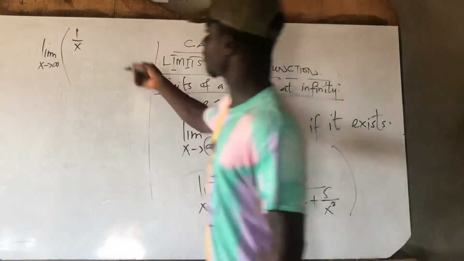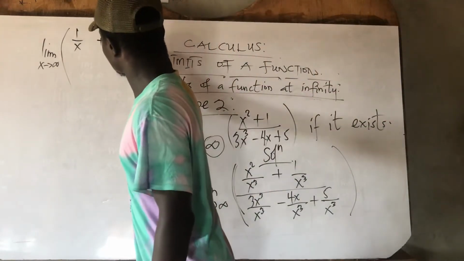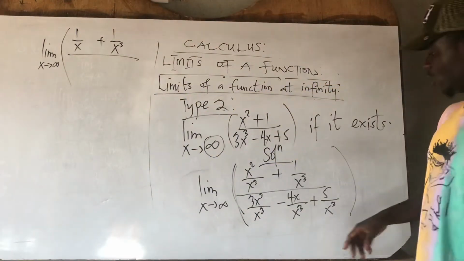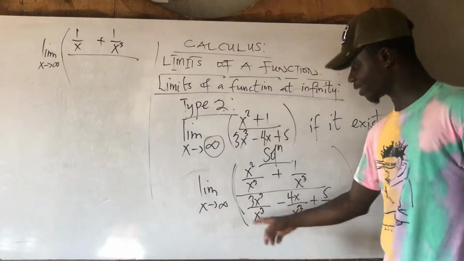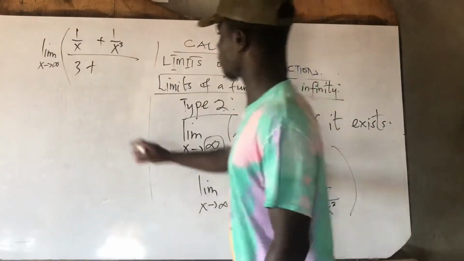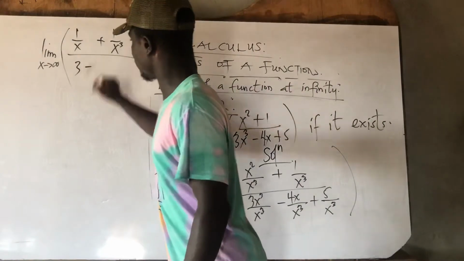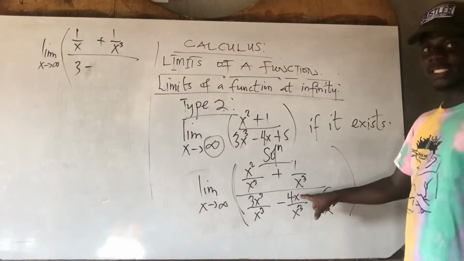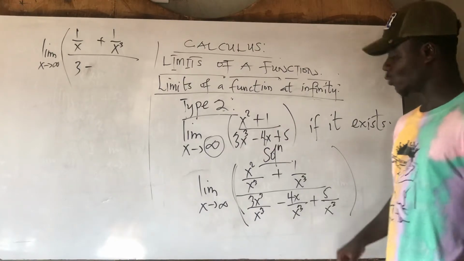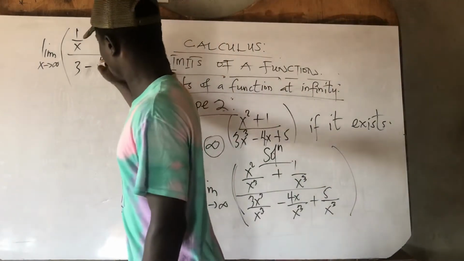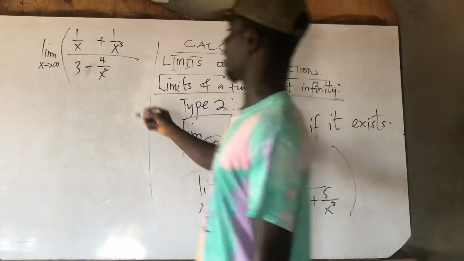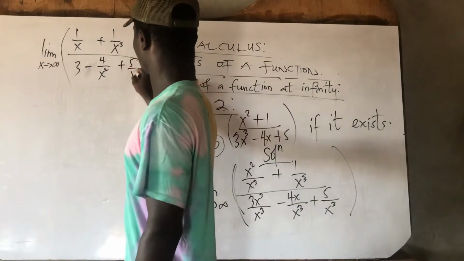Then plus 1 over x cubed, all over, now x cubed cancels x cubed, so we get 3, minus, sorry, minus 4 on x squared, since this x takes one of the three x's, then plus 5 over x cubed.